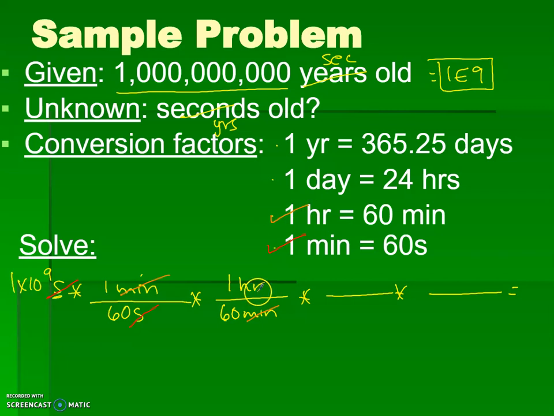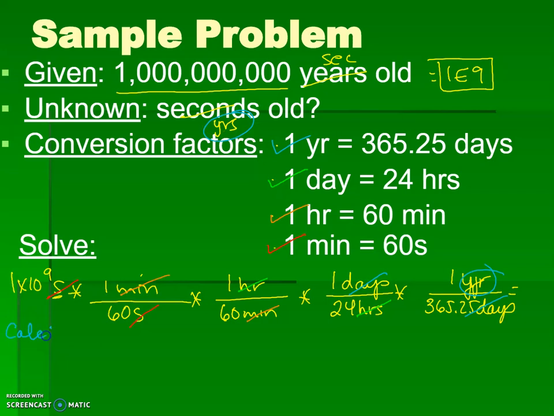Next, I'm going to cancel out hours. There's 24 hours in a day. So I'm going to put 24 hours on the bottom and 1 day up top. And that's going to give me hours and hours to cancel out. And then I'm going to have 365.25 days in my denominator, and 1 year, the unit that I want, is going to be up on the top. So days and days will cancel out, leaving years, which is exactly what I want here.